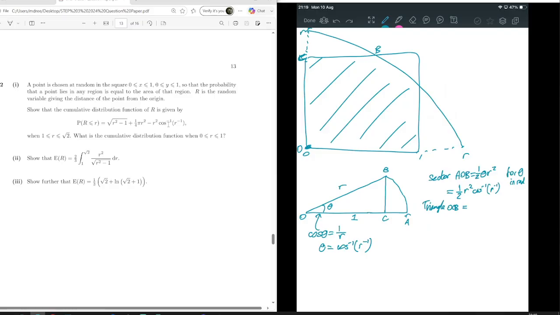So instead, I'm going to find this CB side. Pythagoras says that this squared plus 1 squared gives the last side squared. So a bit of reverse Pythagoras gives that as the square root of r squared minus 1. So therefore the triangle OCB is a half root r squared minus 1.